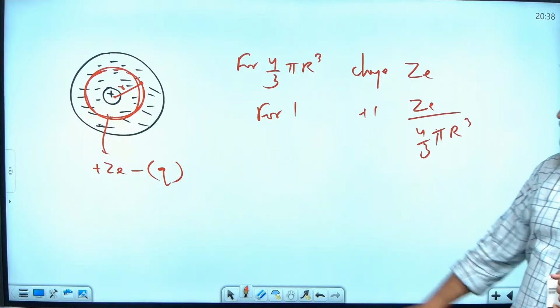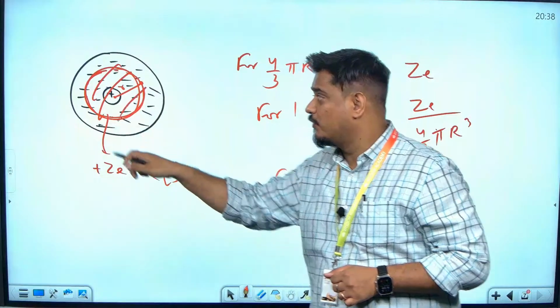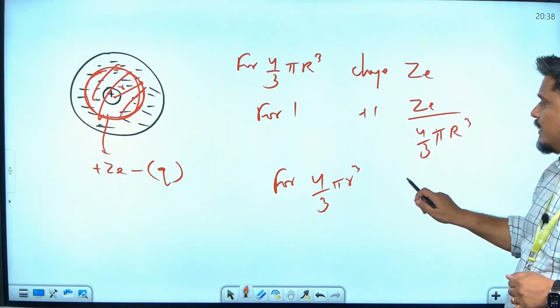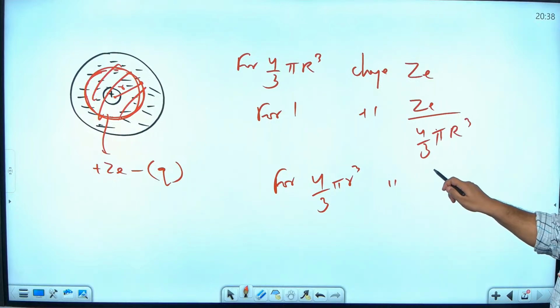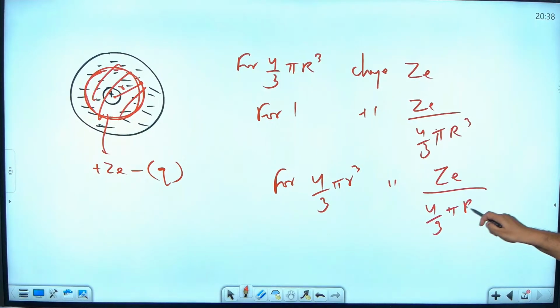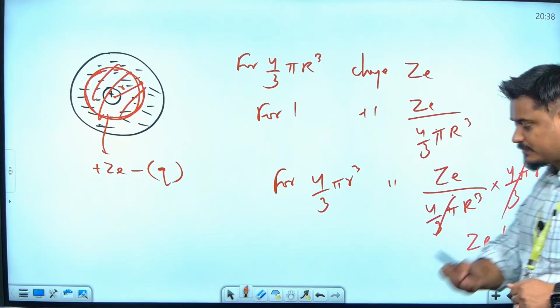Shaktivel, I hope you are listening. Yes, sir. And for this volume, which will be 4 by 3 pi r cube, the charge will be how much? ZE by 4 by 3 pi R cube into 4 by 3 pi r cube. 4 by 3 pi gets cancelled, and you get ZE into r cube by R cube, right?